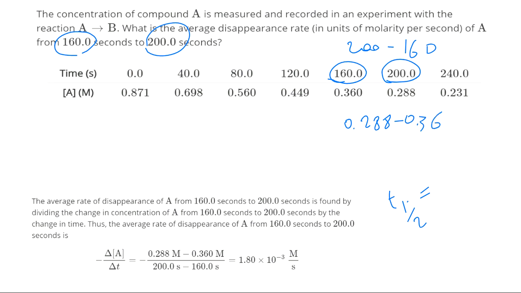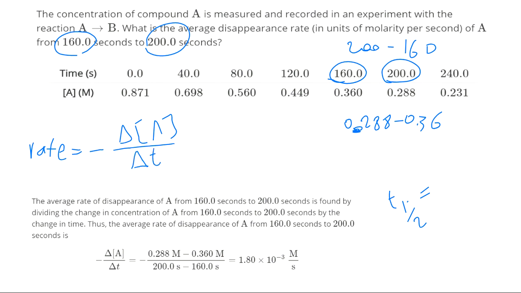It's going to be a negative value because it's written based on the reactant. The concentration of a reactant is going to decrease, and that's why when you write the rate based on the changing concentration of reactant, you apply a negative sign here: negative change in concentration of A over change in time.